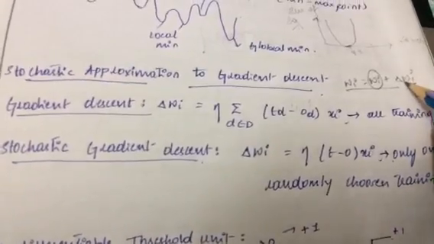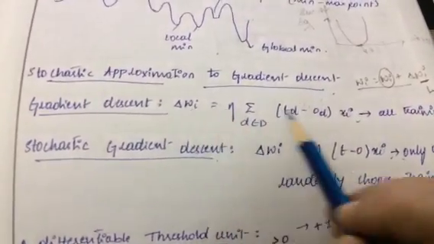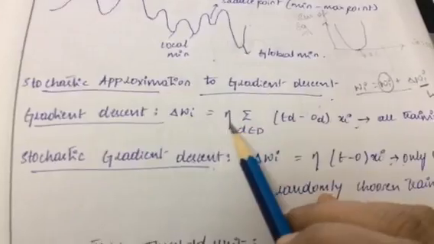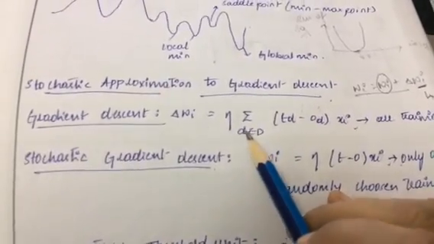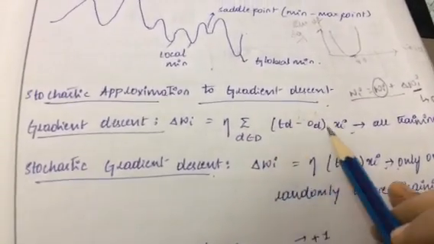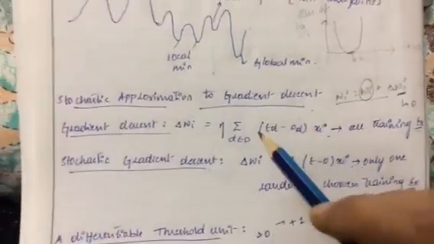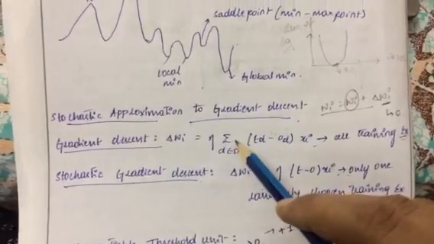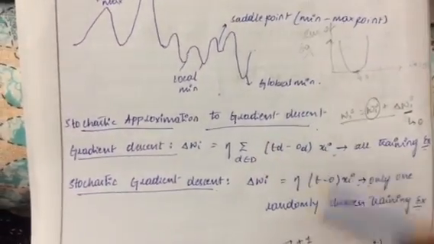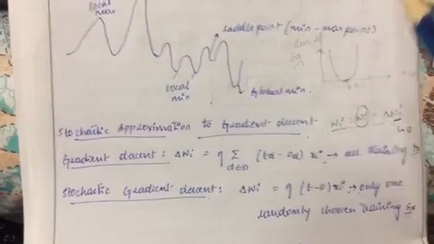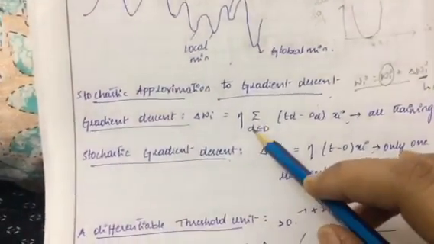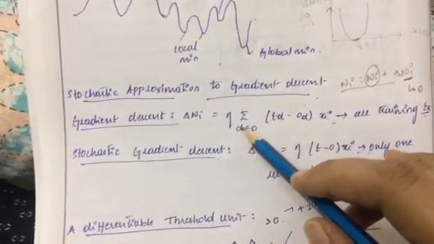How will the delta Wi value be calculated? By this formula: eta summation of d belonging to D, (td minus od) into xi. You can observe we have a summation here, which means we are considering the weight value for all the training examples, all the samples. The small d indicates a training example.